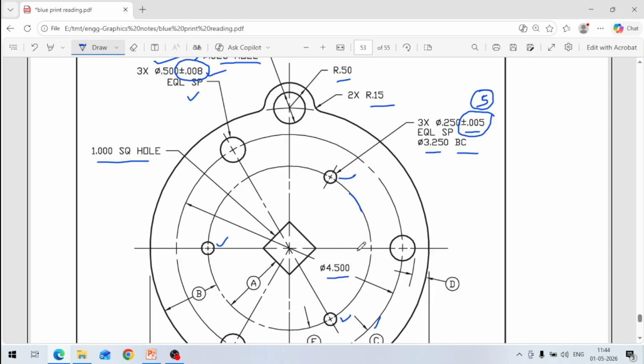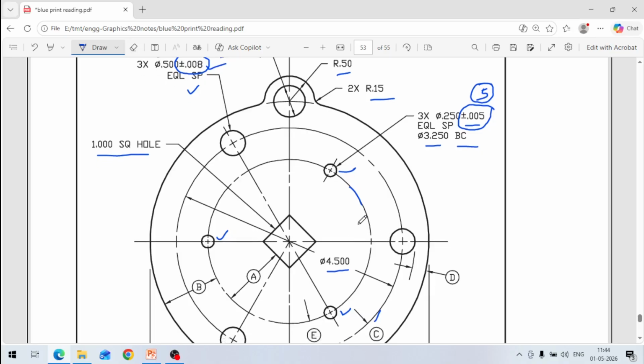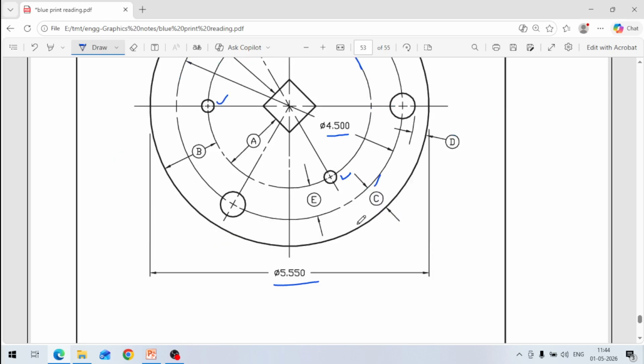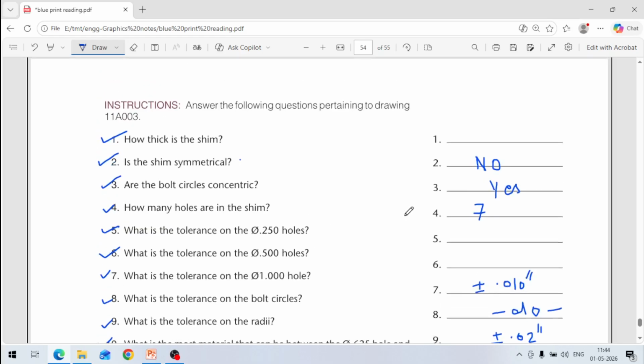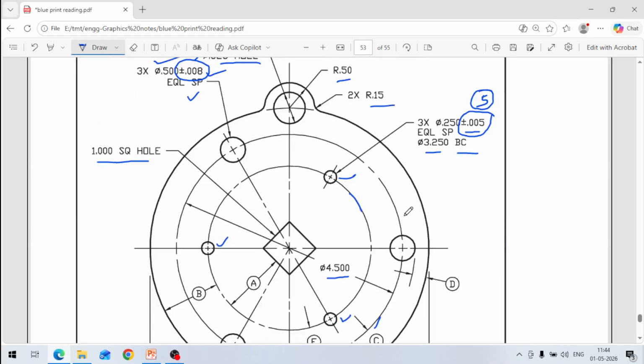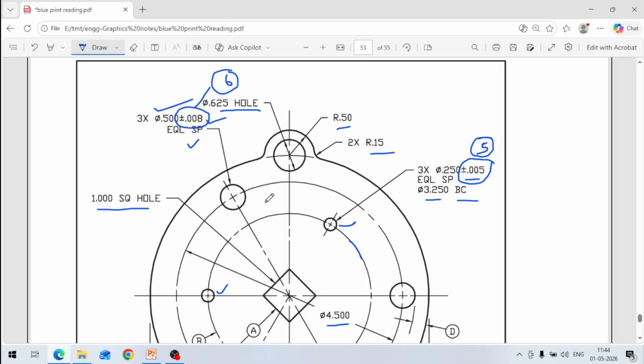From this hole to the nearest 0.500 hole, this angle is 30 degrees here and this is also 30.